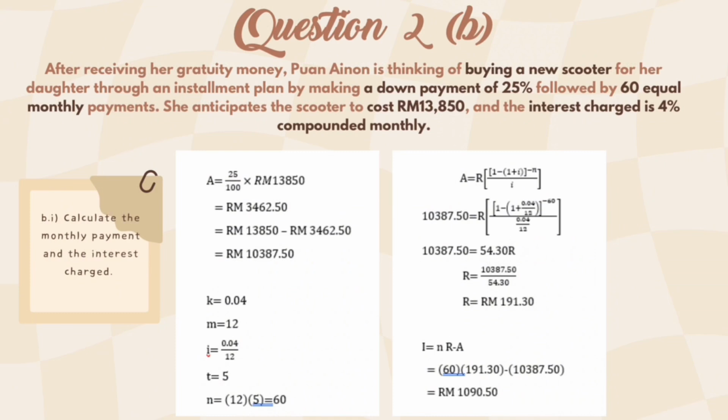For this question, we need to find the balance first, which is open bracket 25 divided by 100 times 13,850. Then we will get the answer, which is 3,462 ringgit 50 cent, and then 13,850 ringgit has to be deducted by 3,462 ringgit 50 cent.